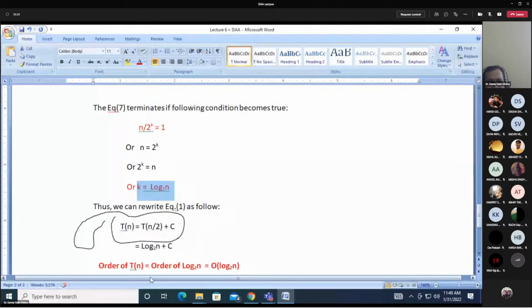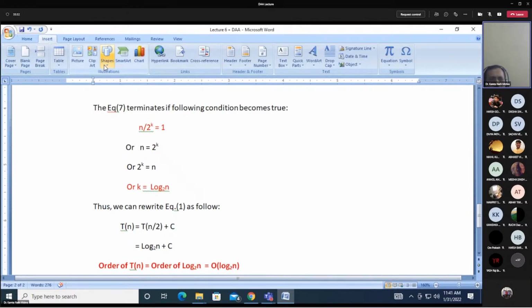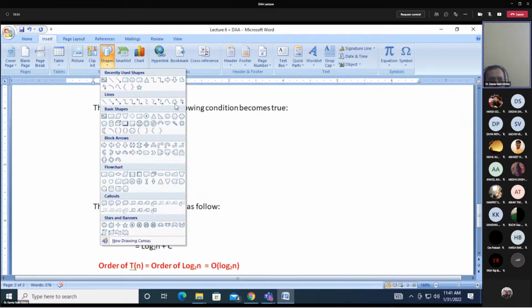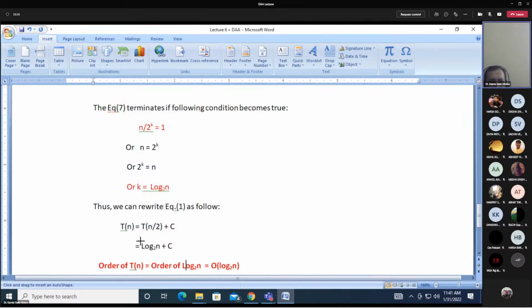Yes, sir. It means this Tn can be written, since you got the answer log n base 2, at the place of Tn by 2 you can write log n base 2.